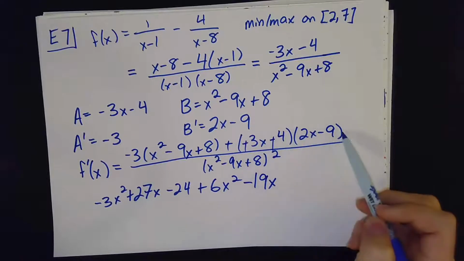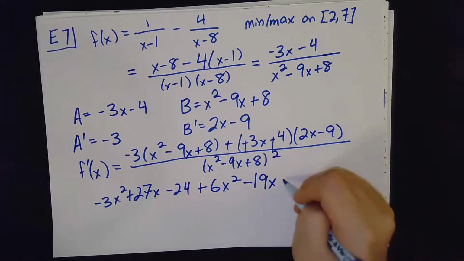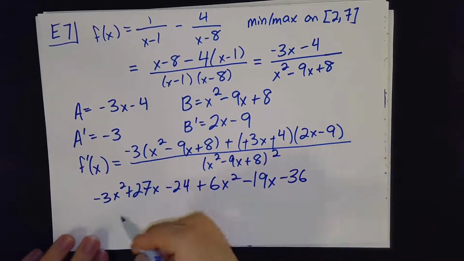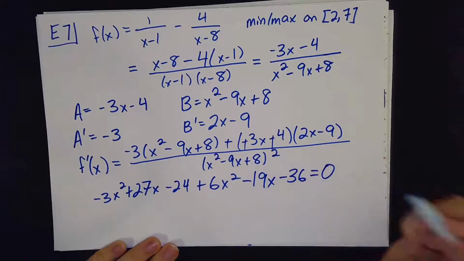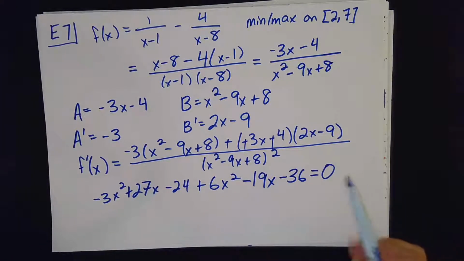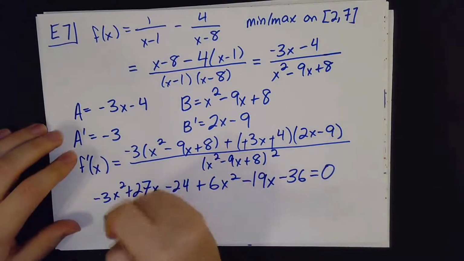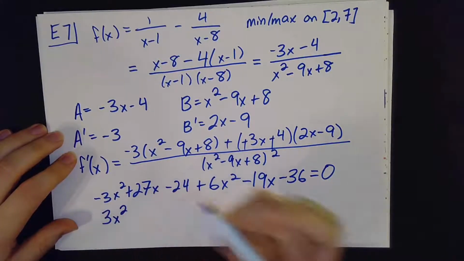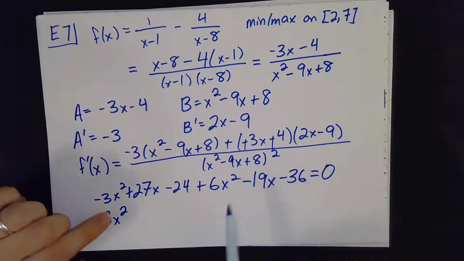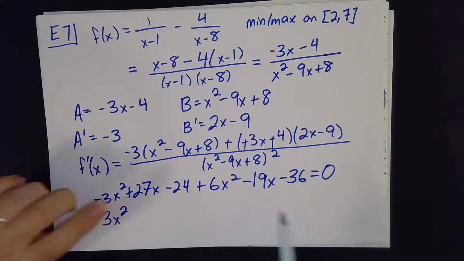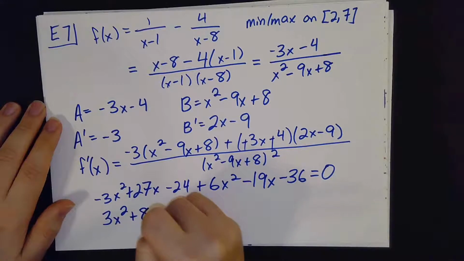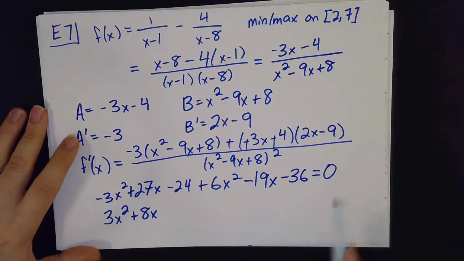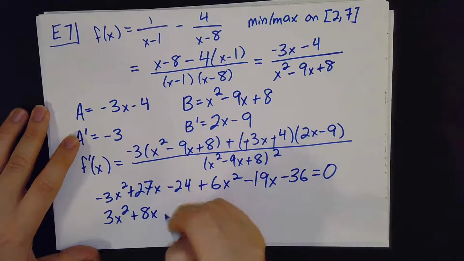And 4 times minus 9 will be minus 36. So this will work out to be 3x squared, 28x minus 19x, that's a plus 8x, minus 24 minus 36, that's minus 60.